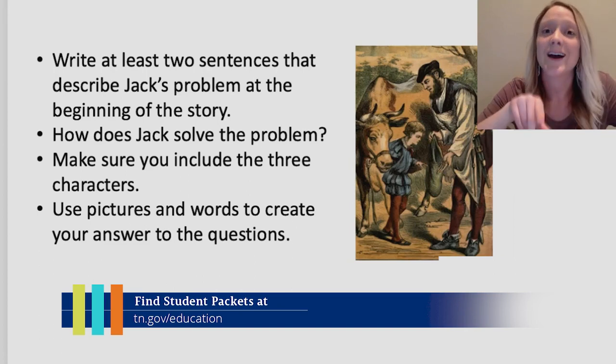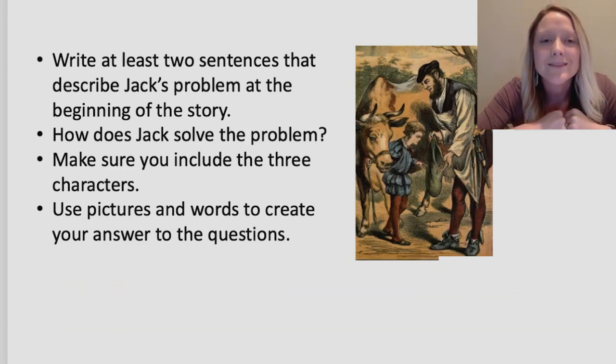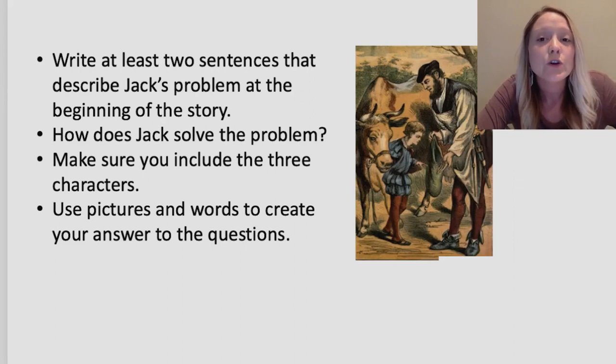So this is your time to edit your problem sentence and make it stronger and more complex, with more details, just like we did to our solution sentence together. Now, I want you to make sure that you include 3 characters. Maybe you can think back to today's story and use the pictures and words to create your answer to those questions.